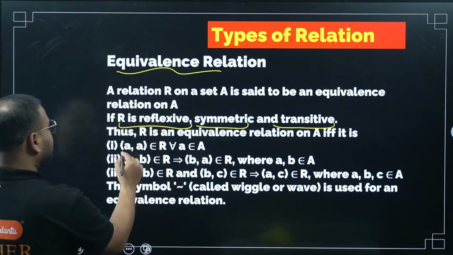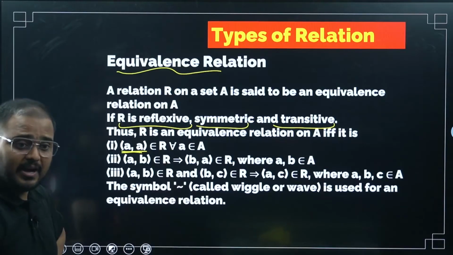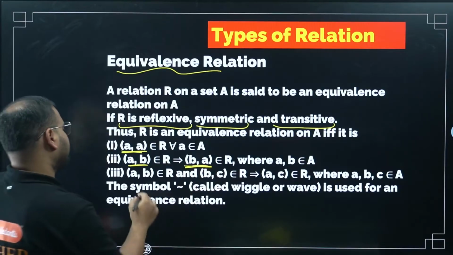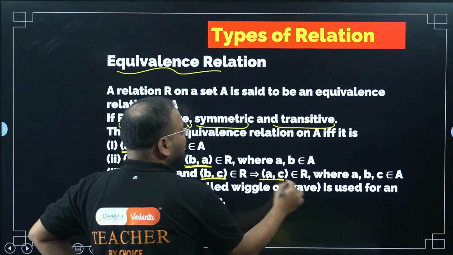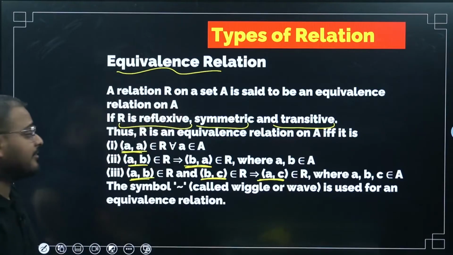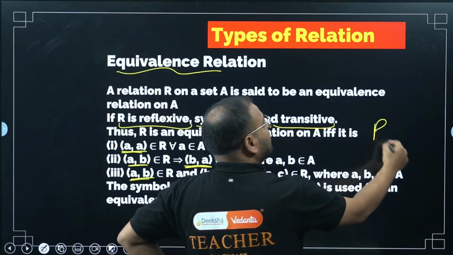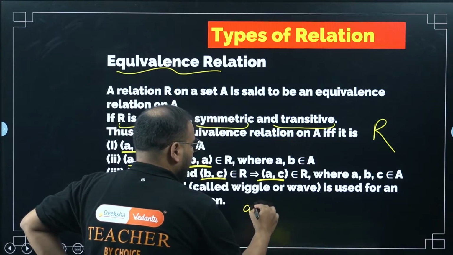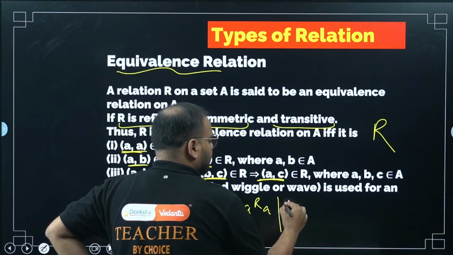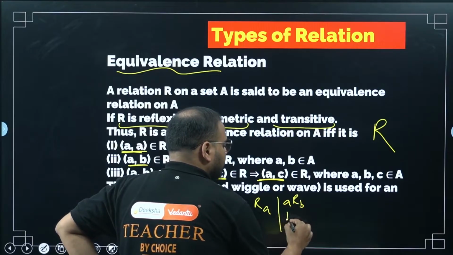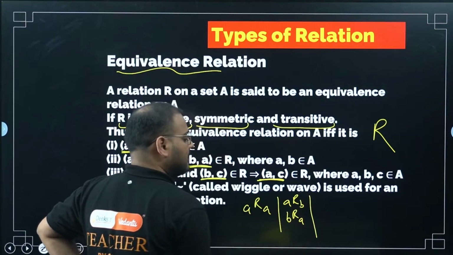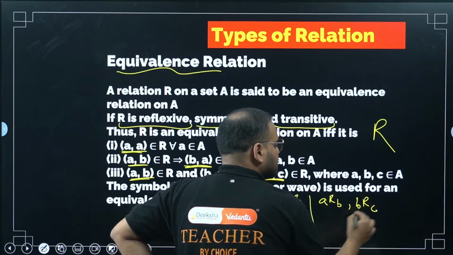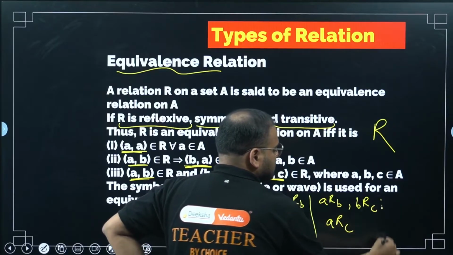What it means is that A comma A should be there, A comma B and B comma A should be there, and for transitive, A comma B there, B comma C there, and then A comma C should be there in the relation R. So ARA, ARB, BRA, and the last one, ARB, BRC, then ARC.